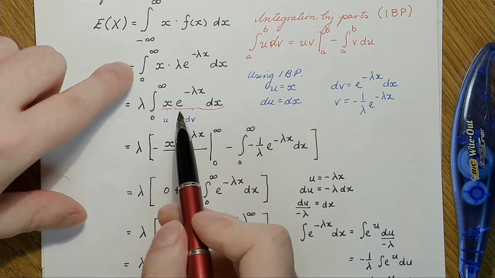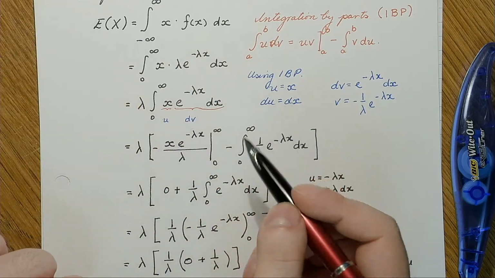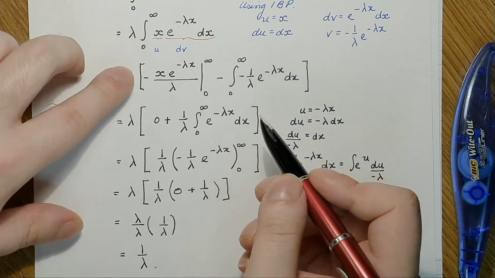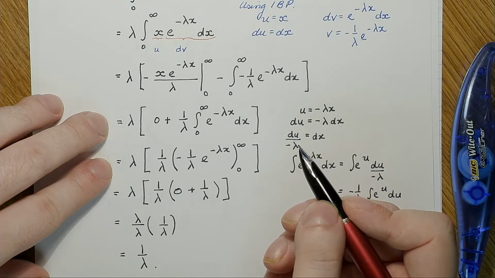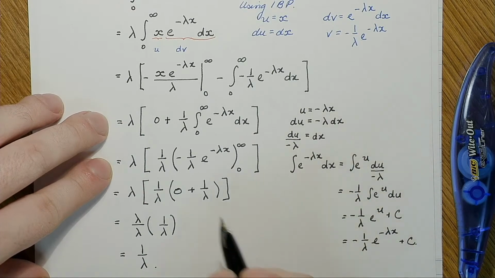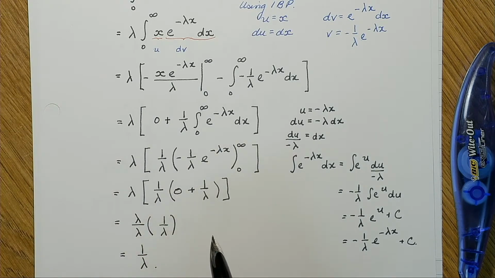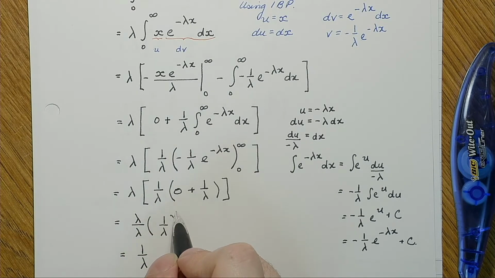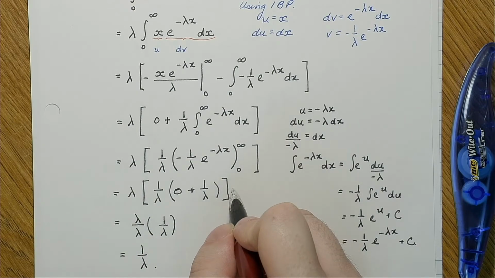Just remember that when I have my integration, I have a lambda, and that goes down to 1 over lambda. I should have been a little bit more particular about this.